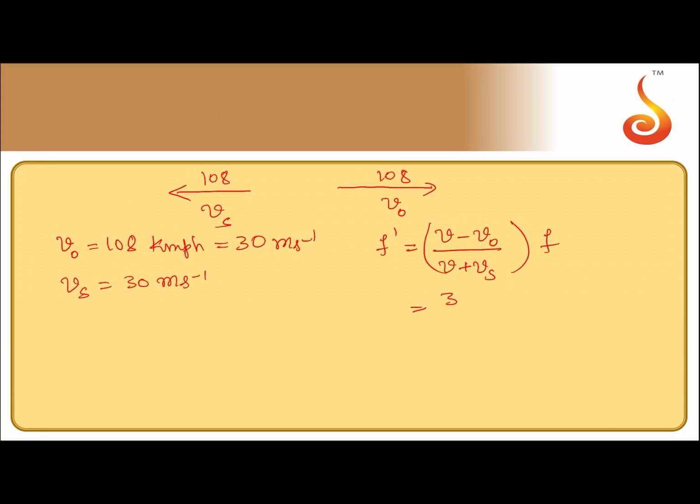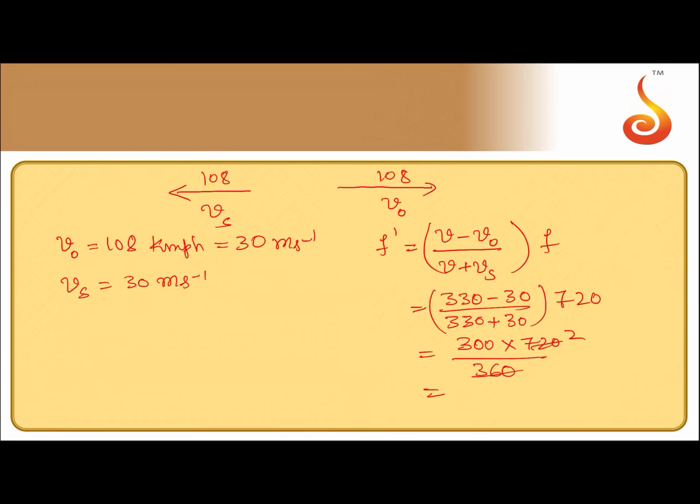This is 330 meter per second, the speed of sound in air. So this should be 330 minus 30 divided by 330 plus 30, into the original frequency of the sound, 720 Hertz. They have given this. So this will be 300 into 720 divided by 360. So 360 ones are 360, twos are 720, so it will become 600 Hertz. This is the frequency heard by the listener. So that is option D.